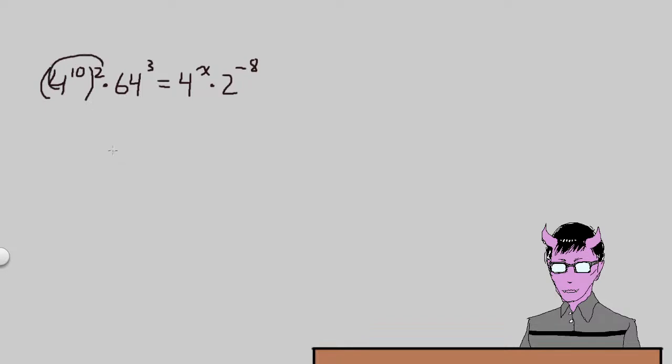So distribute this one first. Distributive property of exponent, so we have 4 to the power of 20, and then this one is factorization, so 4 to the power of 3 in the parenthetical. We still have a cubed on the outside. We will have to distribute that momentarily, and then this is already base 4, so copy paste.